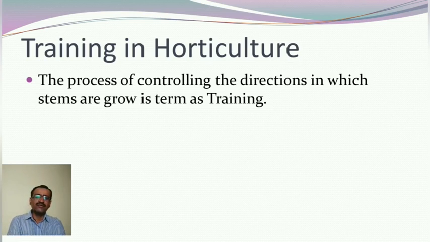In some cases, branches can be tied to a specific stake or trellis, or by coordinating the cutting practice and the tying practices. With the help of that, the practice can be important.